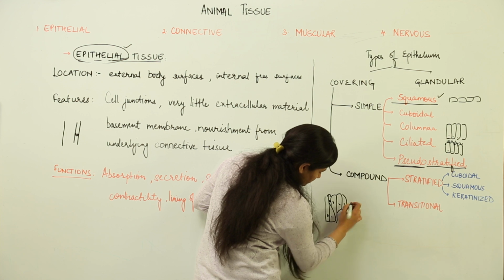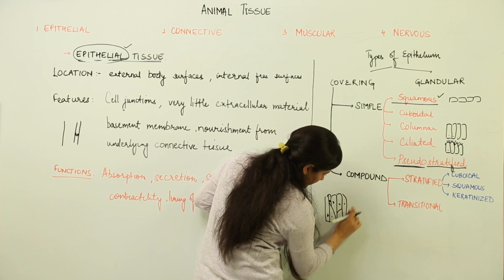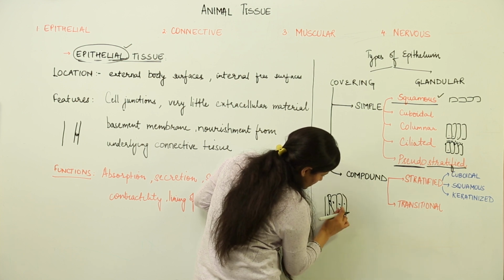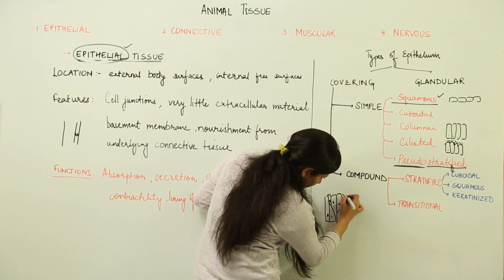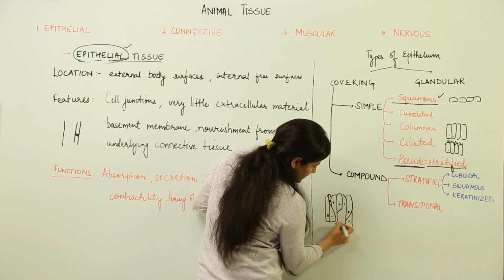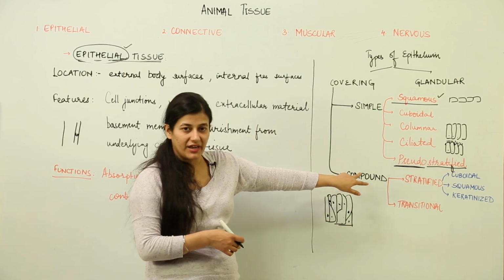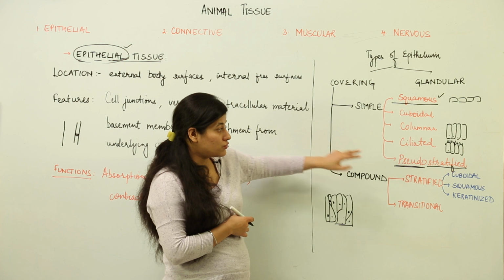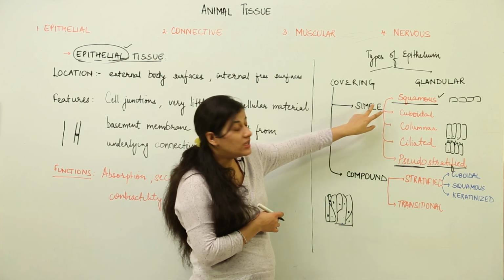As you can make out, there is only one cell per layer, but they appear to be two. Such is pseudo stratified epithelium. It is somewhat thick, but it is still a simple one.